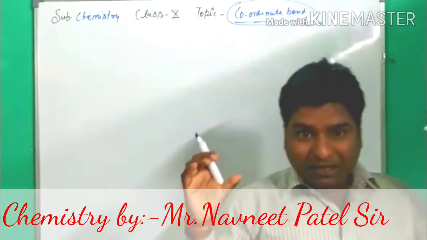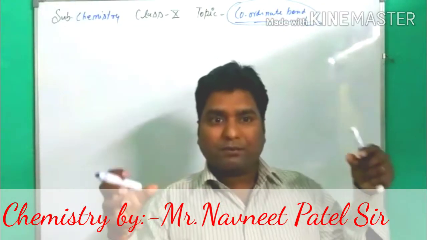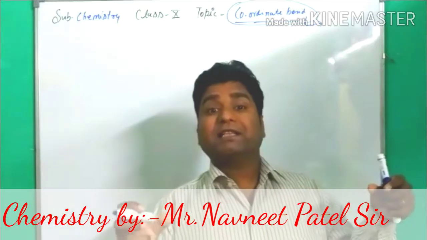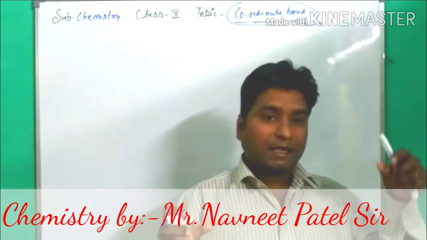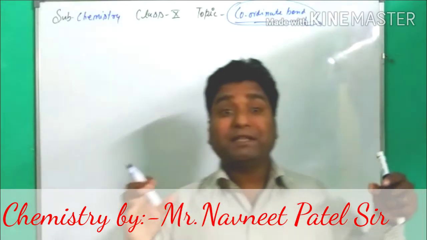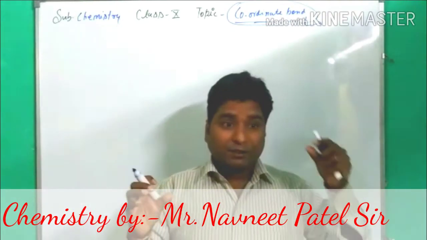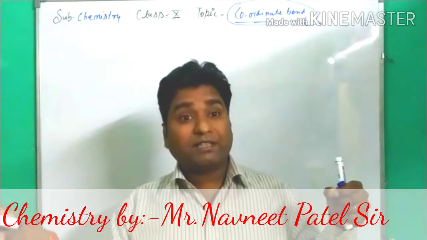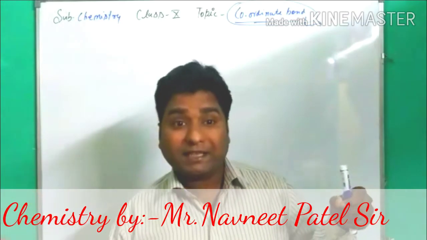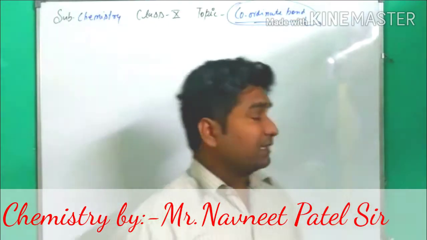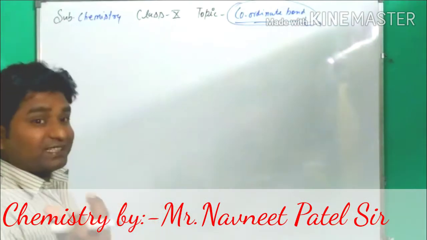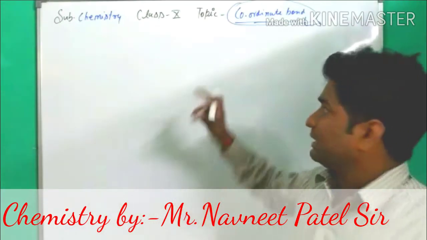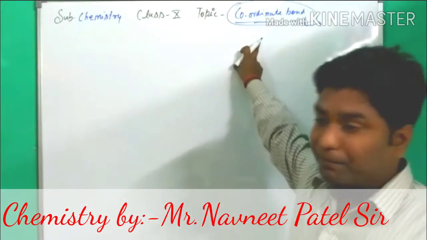It means when two atoms come closer, one atom completes its octet, but another atom does not complete its octet, and the second atom wants to share its electrons with the completed octet atom. So in this case, a special sharing will take place. Such type of special sharing is called coordinate bond.